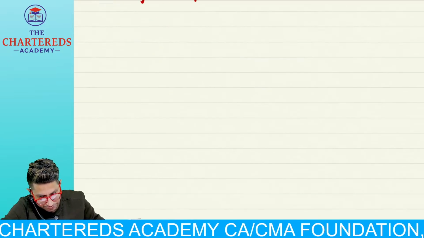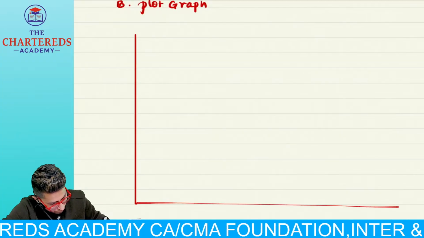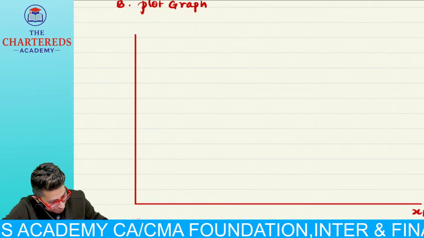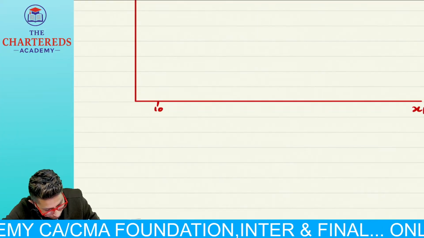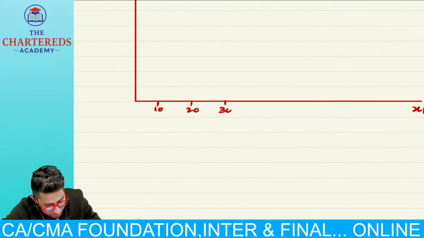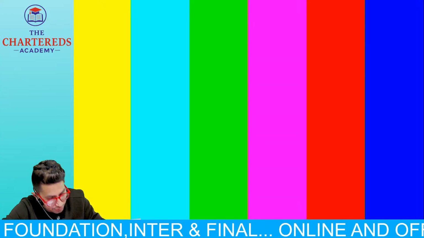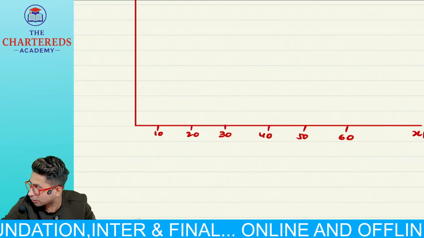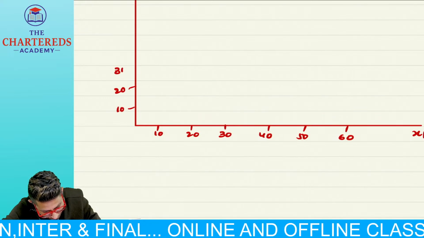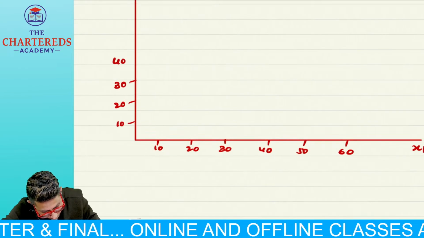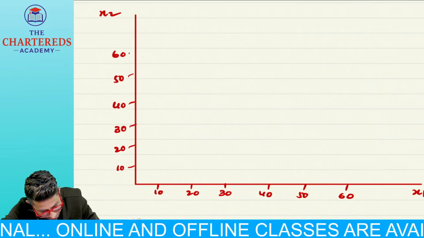So I'll draw over here. This side is x1, this side is x2. I'll take 10, 20, 30, 40, 50, 60, and this side also the same, 10, 20, 30, 40, 50 and 60.